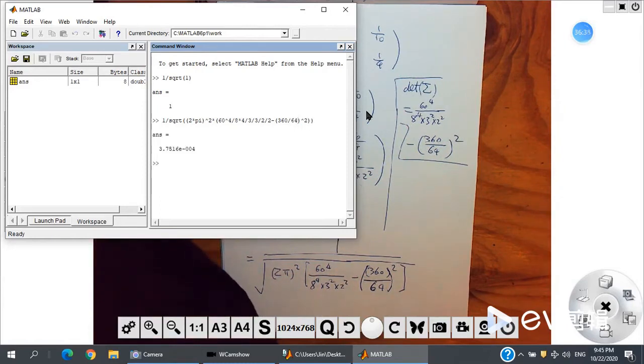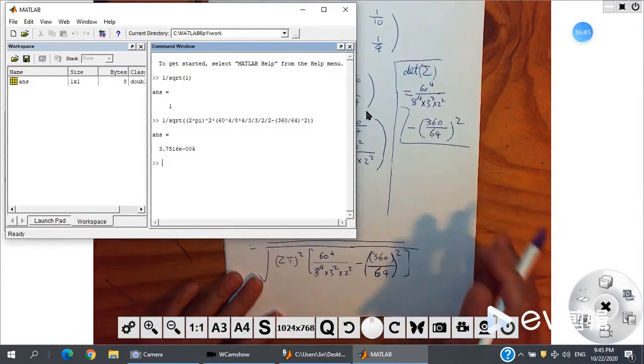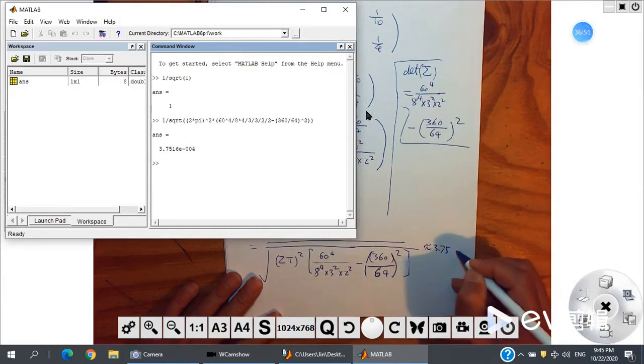Does it work? Oh, it's a very small number. Okay, anyway, it's just this number, I can put it here. It's equal to 3.74 e to negative 4.